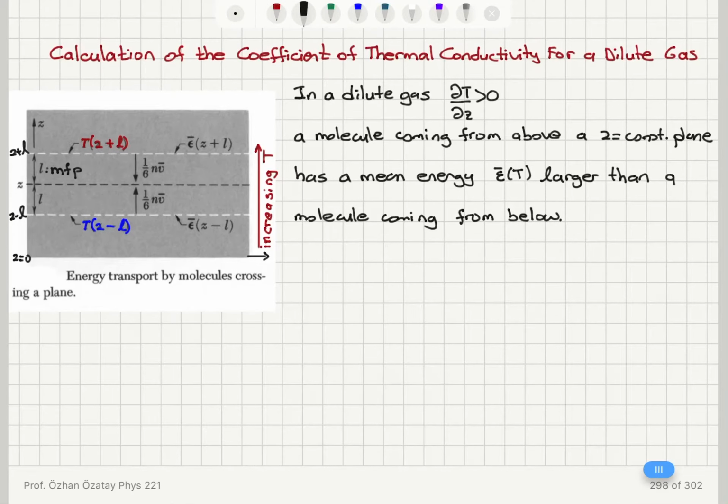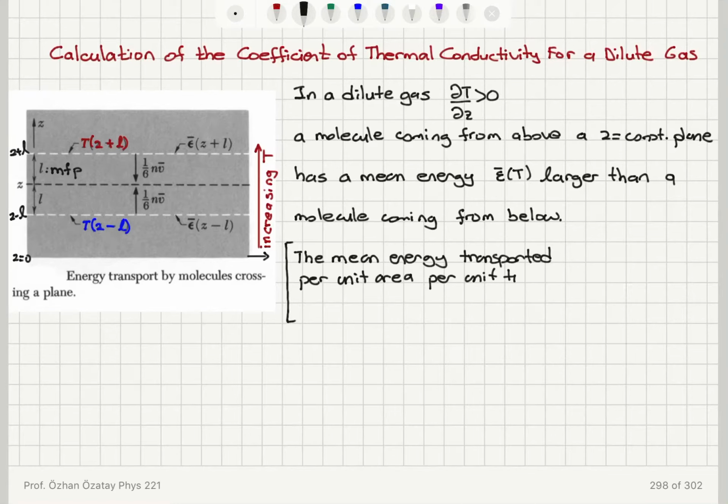Okay, so we can basically say that the mean energy that is transported per unit area per unit time across the plane, so across this z is equal to constant plane, from below.